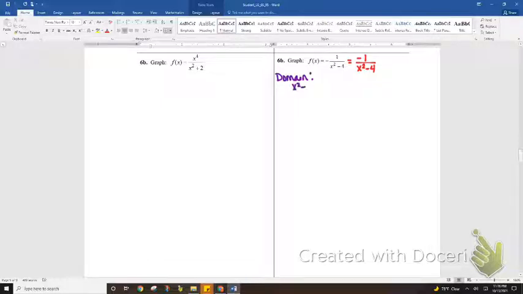So x squared minus 4 cannot equal 0. If I move the 4 over, x squared cannot equal positive 4. Take the square root, x cannot equal plus or minus 2. So that means we're going to go from negative infinity to negative 2, negative 2 to positive 2, and then positive 2 to infinity for our domain.